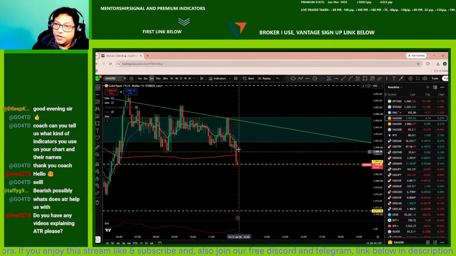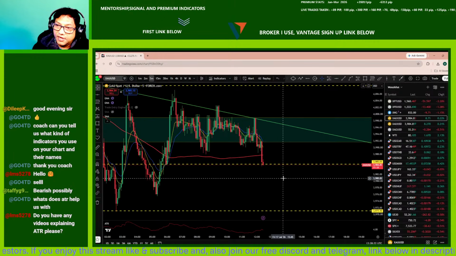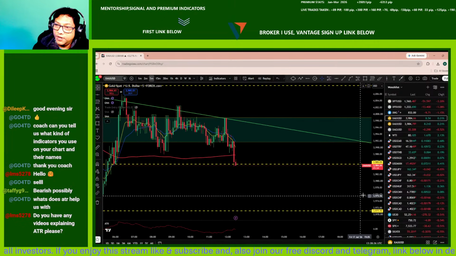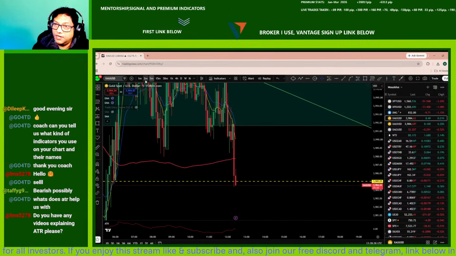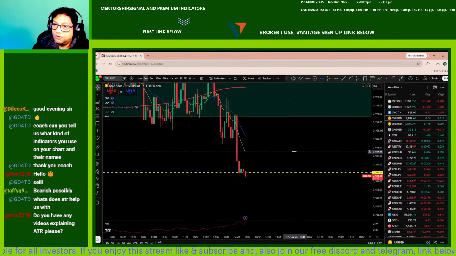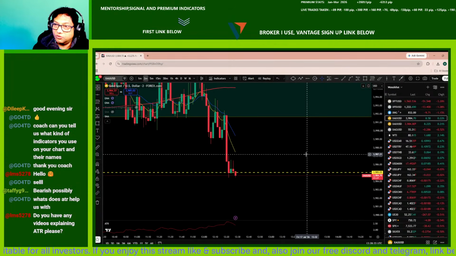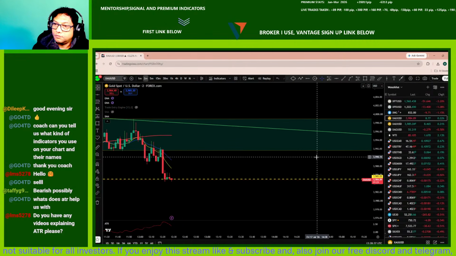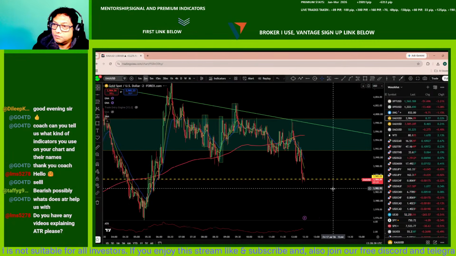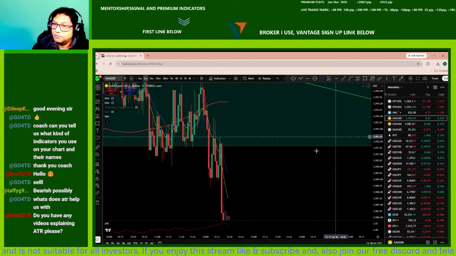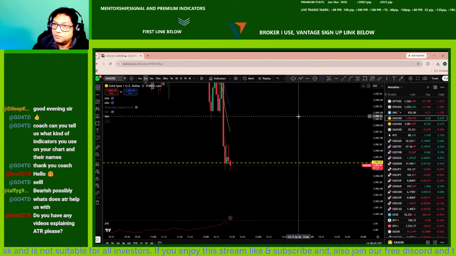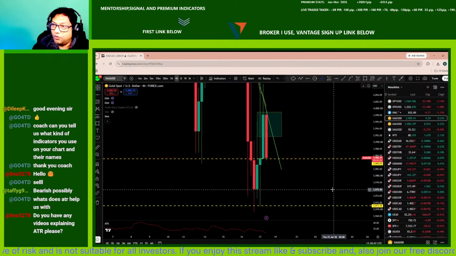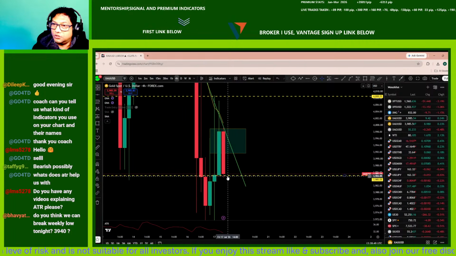So with this move here, you can see a pullback, and then you can see the market again breaking this support. So there is an imbalance here. At the moment, the price is approaching that imbalance. The trend is still maintaining the downtrend. The price just broke out of this. This is the session's low, right?